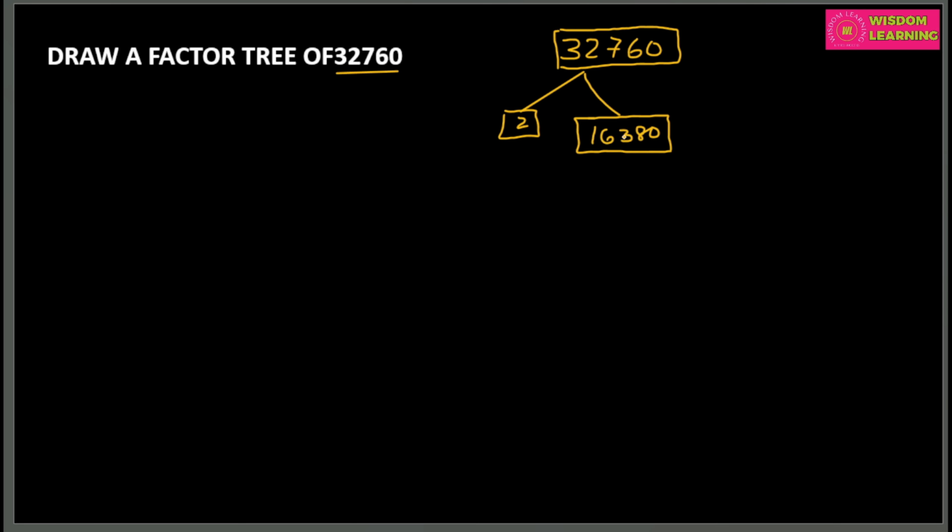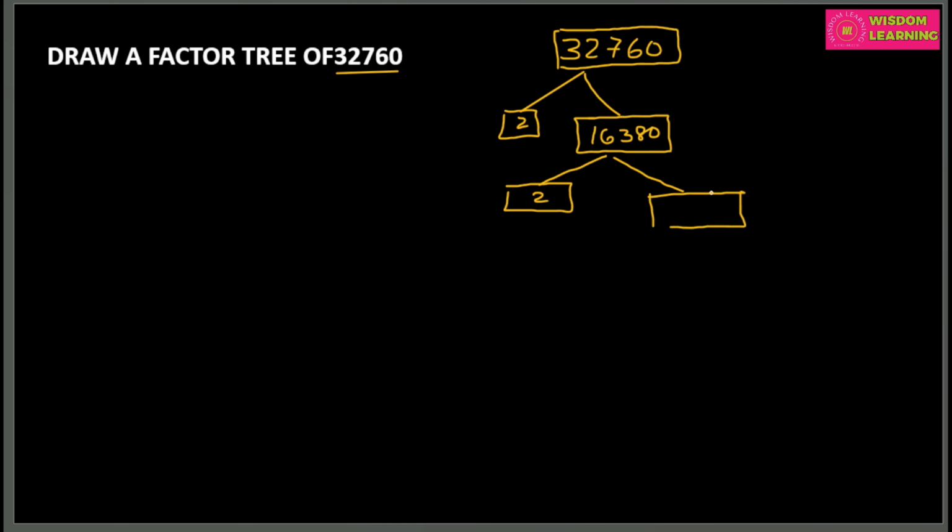We can again divide it by 2, because 2 is a prime number. We keep 2 on another branch, and when 16,380 is divided by 2, we get 8,190 in another box.